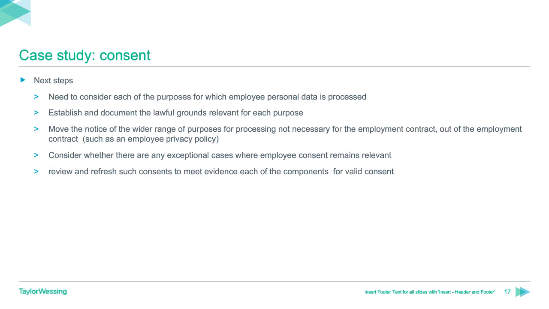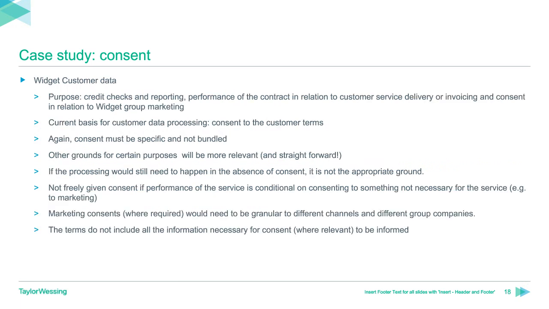As before, we need to look at the actual lawful grounds for processing, so they need to be specific to the particular processing. And omnibus consents are going to lack the granularity that we need. Importantly, where we're looking at customer data, we need again to move away from tying consent into acceptance of the conditions of the contract.